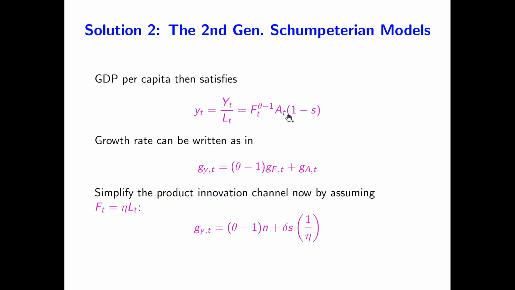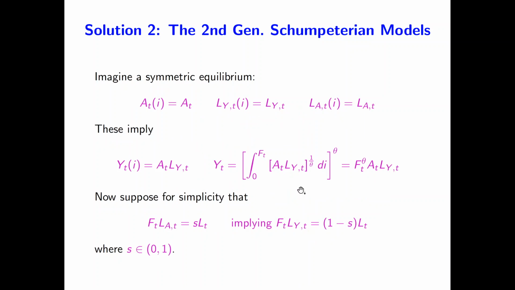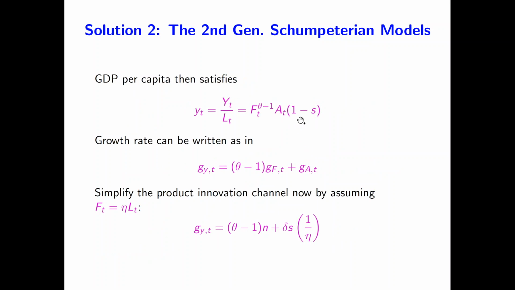And I got this. How? Look at this. So if L_Y,t is divided by L_t, then I have 1 minus S divided by F_t here, right? So 1 minus S divided by F_t, so that F_t goes up there. So it is F_t to the theta minus 1, A_t, 1 minus S.